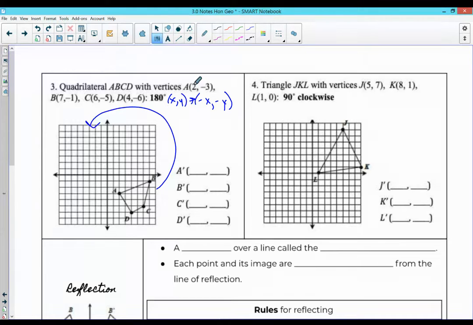So I'm just changing the signs for both of these. Instead of +2, that's -2. Instead of -3, that's +3. I have a negative x value and a positive y value, and that's what I see here. So I'll just plot those points.